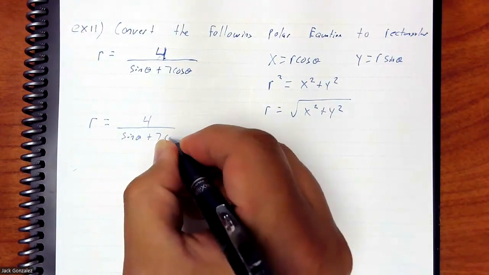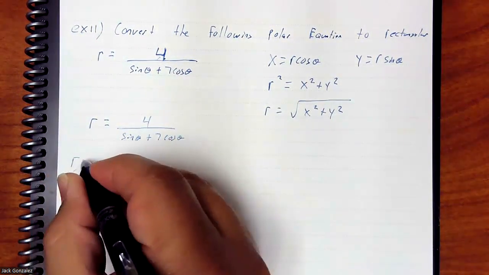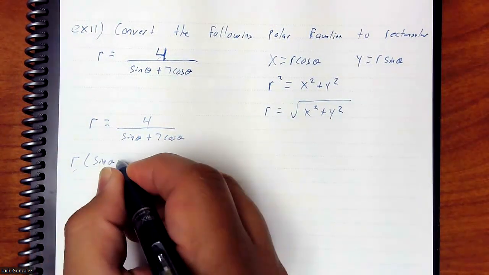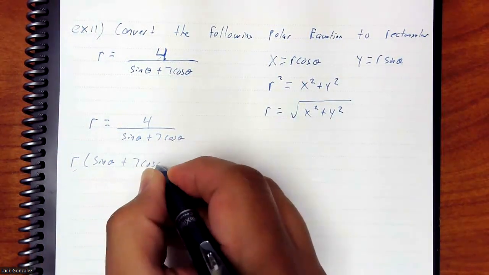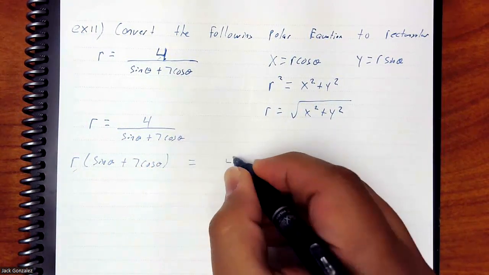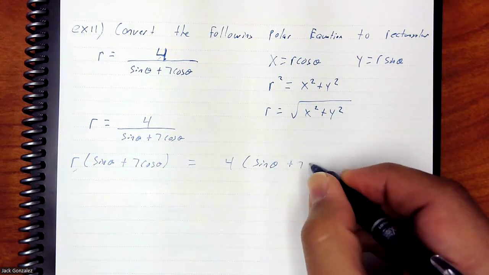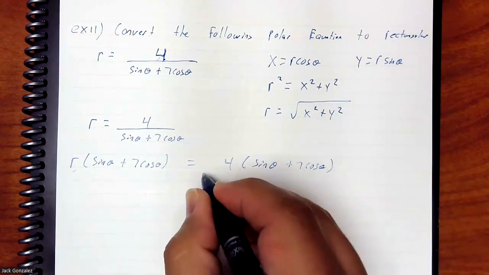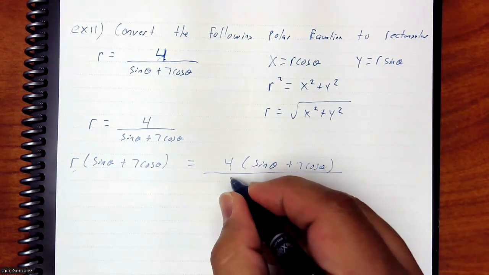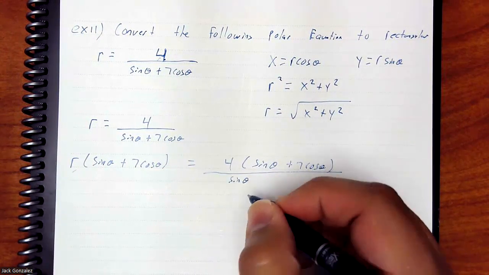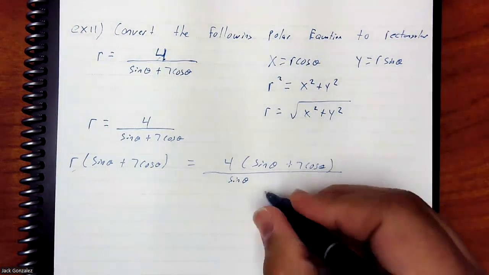By the denominator. So multiply this side by sine theta plus 7 cosine theta. Multiply this side times that same thing in order to cancel that denominator. Since I'm doing it to both sides, it's fine.